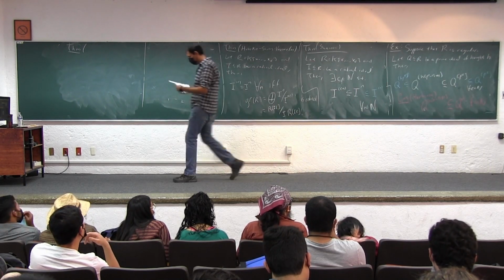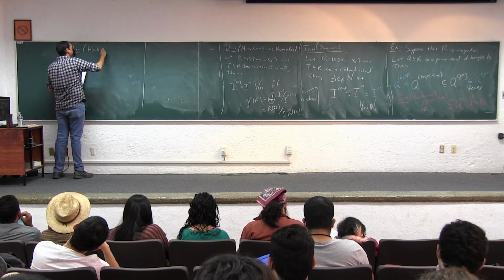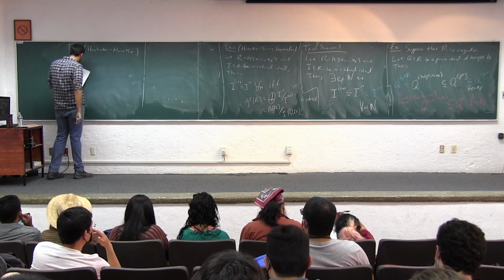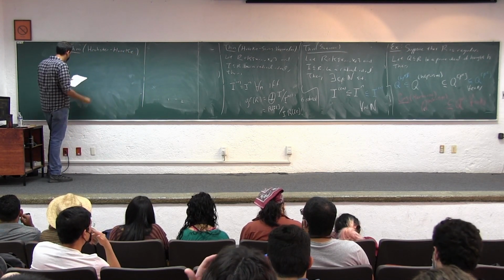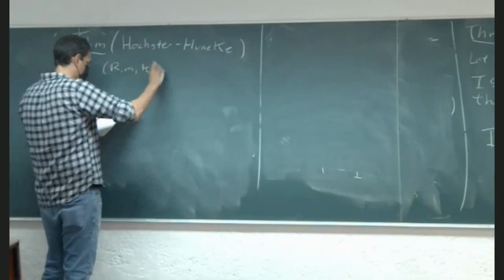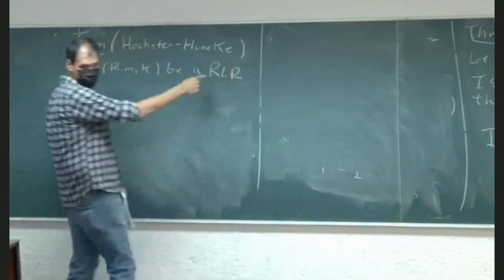Okay, so theorem by Hochster and Huneke. Let R be a regular ring, which I'm going to write as R there.